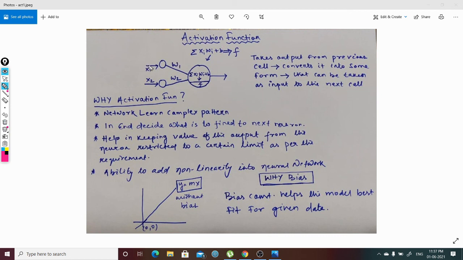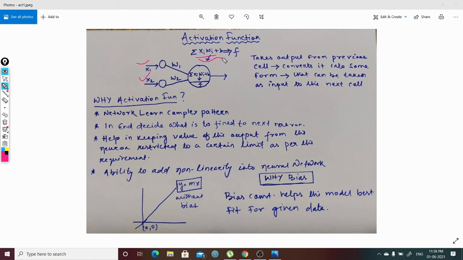Why a certain limit? Suppose we are taking two inputs here, but we can take multiple inputs, right? When these inputs are multiplied with these weights, it is possible that the summation would be a very large value, and we are also adding bias, so this turns out to be a huge number.